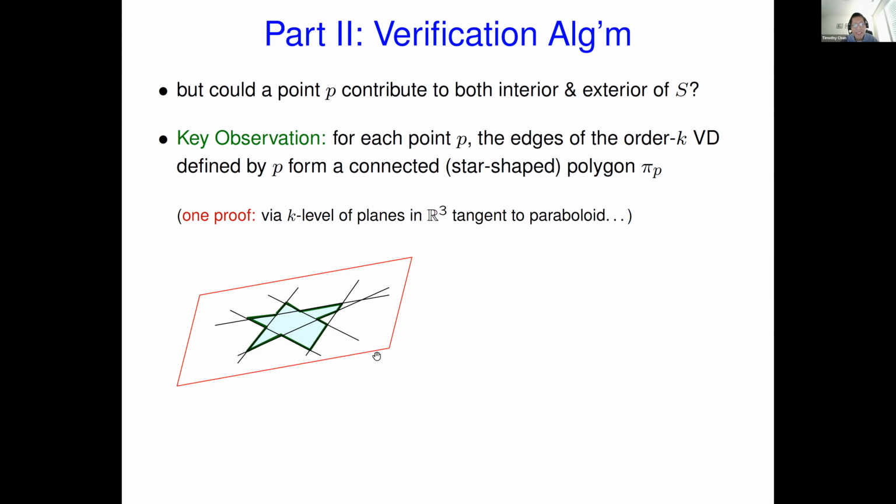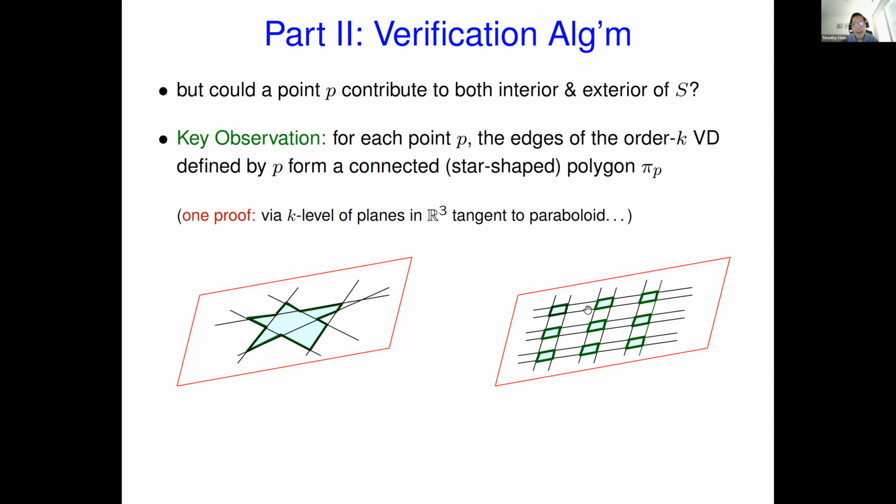But this is not quite true in general, so you have to be careful, because k-levels of half planes in 2D could actually be disconnected. I claim that this doesn't happen to us, because in our case all the input planes are tangent to a paraboloid, so they are in convex position. What that means is that within a hyperplane, all the half spaces have a common intersection. So indeed, the k-level will be star-shaped around a point in the common intersection.